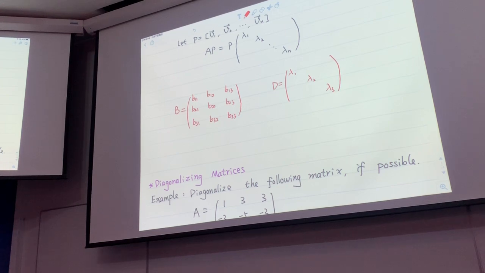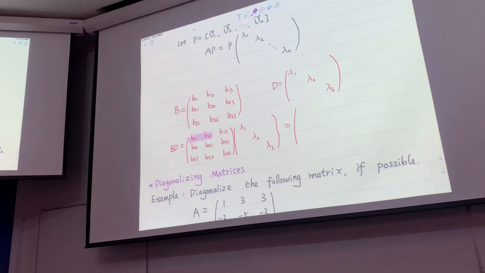Let's see B times D. What's the result? B11, B12, B13, B21, B22, B23, B31, B32, B33, multiplied by lambda 1, lambda 2, lambda 3. You just do the general matrix multiplication.